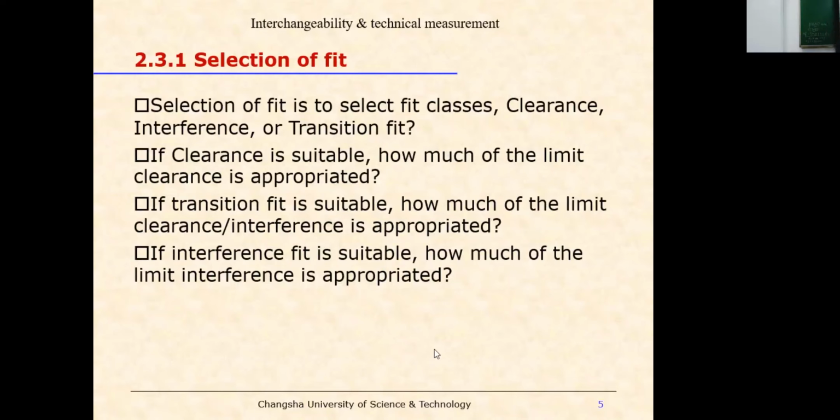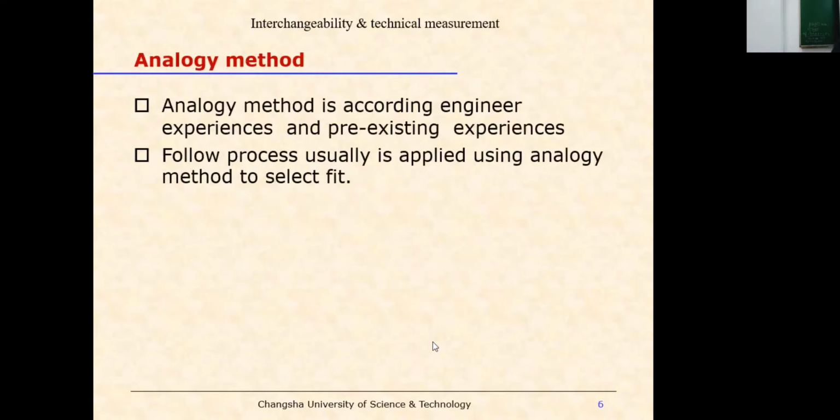If the transition fit is suitable, how much of the limit clearance or interference is appropriate also comes from the assembly or part function. Likewise for the interference fit. The analogy method is according to engineer experience and pre-existing experience, and it is usually applied to select the fit.